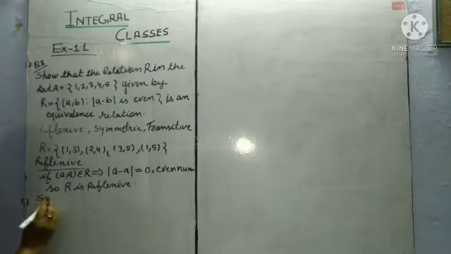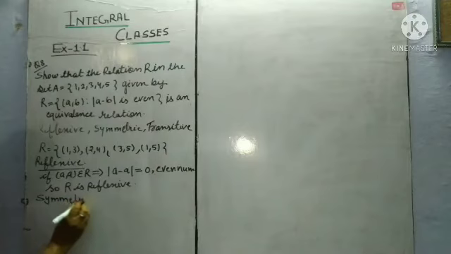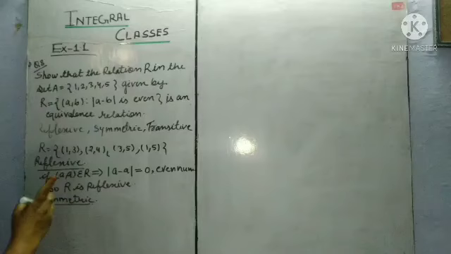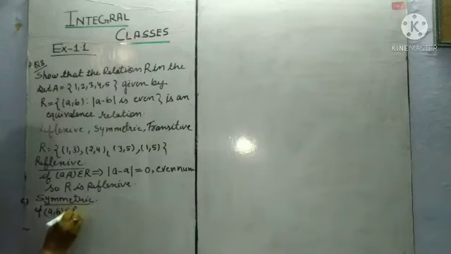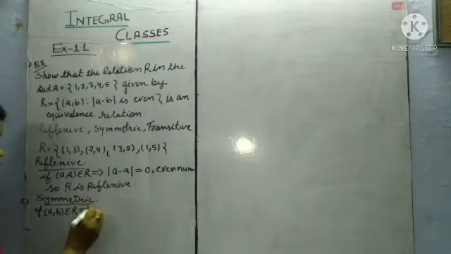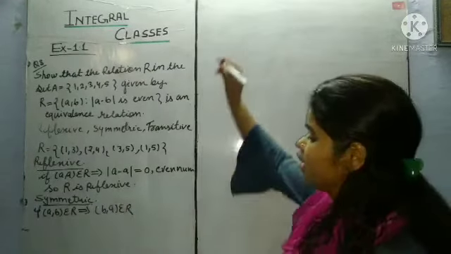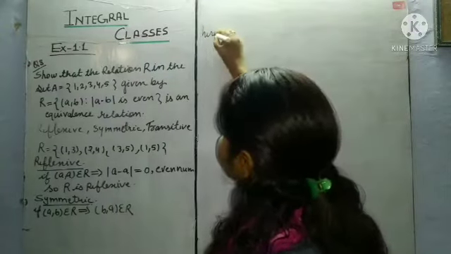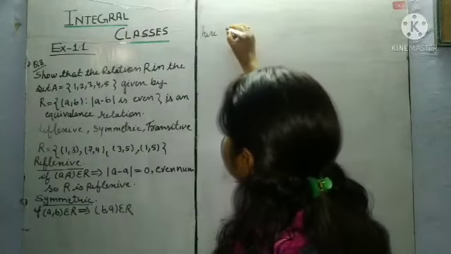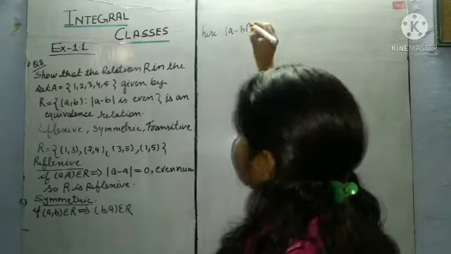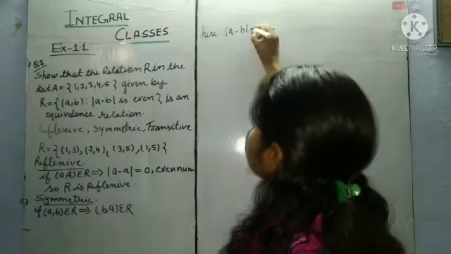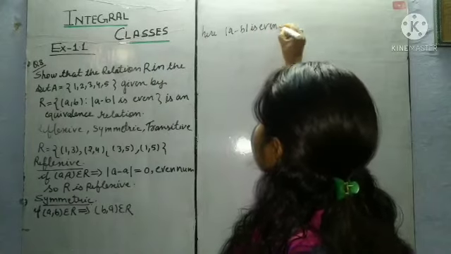Now second is symmetric. For symmetric, how can we prove it? If (a, b) belongs to R, then (b, a) should belong to R. This implies that (a, b) means a minus b is an even number.